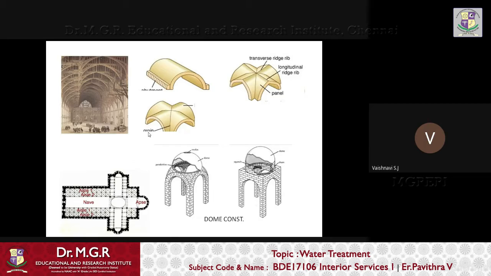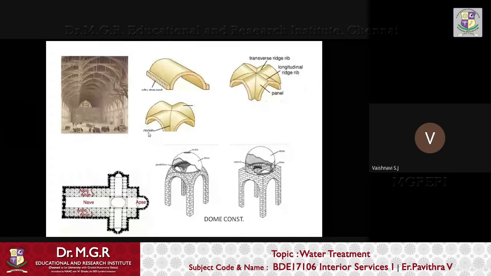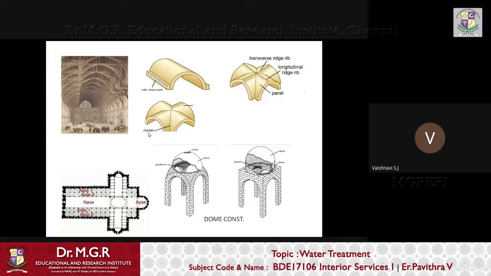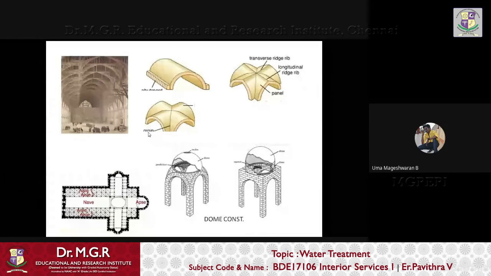Which kind of architecture has this type of features, this type of roofing? What did we see in previous classes? We saw two kinds of architecture. One is Romanesque, the other one is Gothic.